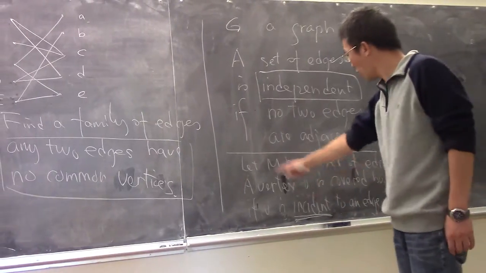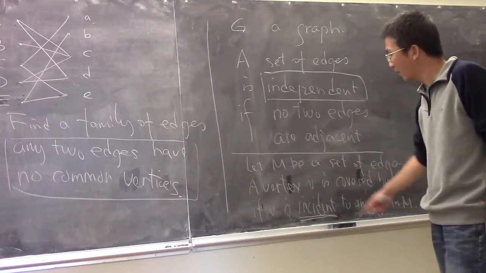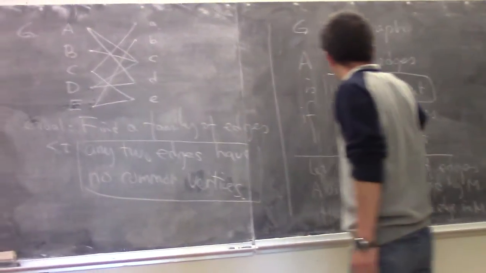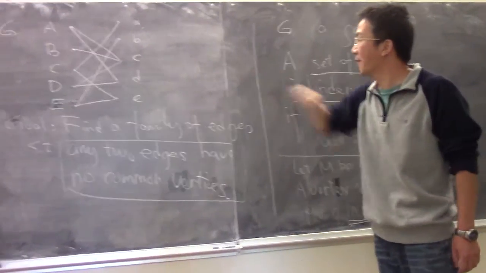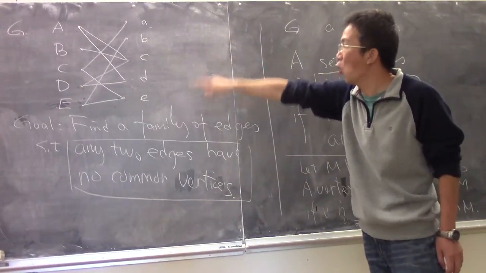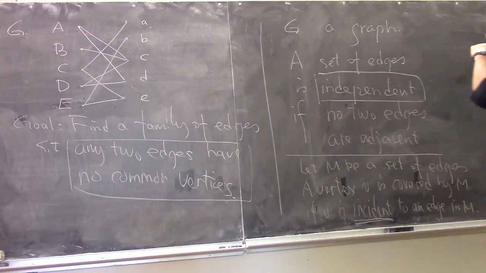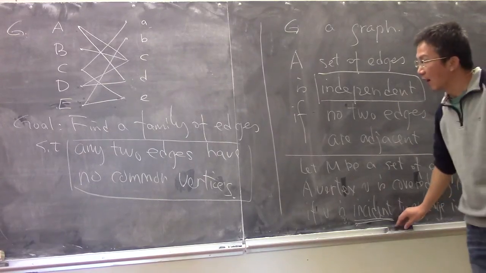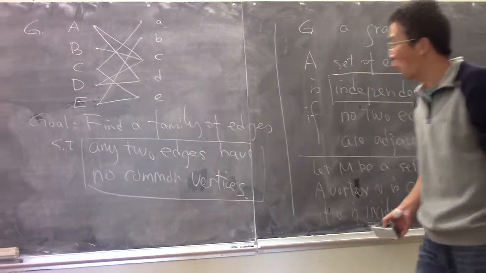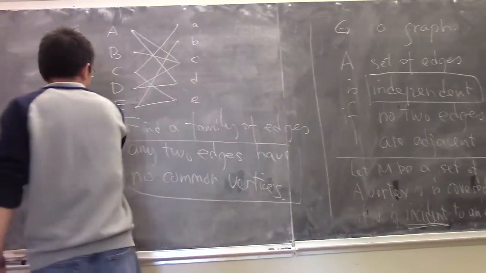So in the language of this covering, right? Basically what I mean is I want to find an independent set from this graph such that all of the vertices will be covered. And can we do that? The answer to this graph is no, we cannot do that.